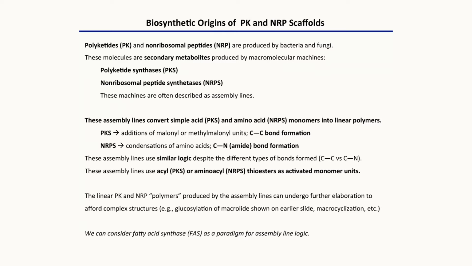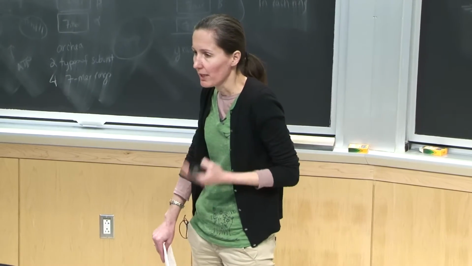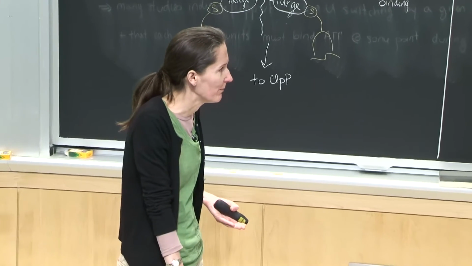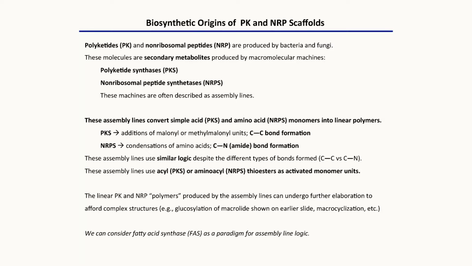In the case of nonribosomal peptide synthetases, these allow for condensations of amino acids to form peptide bonds and effectively form non-ribosomal polypeptides. So, polypeptide synthesis without the ribosome. Even though the PKS and NRPS are forming a different type of bond, and that requires different chemistry, we'll see that they use very similar logic.